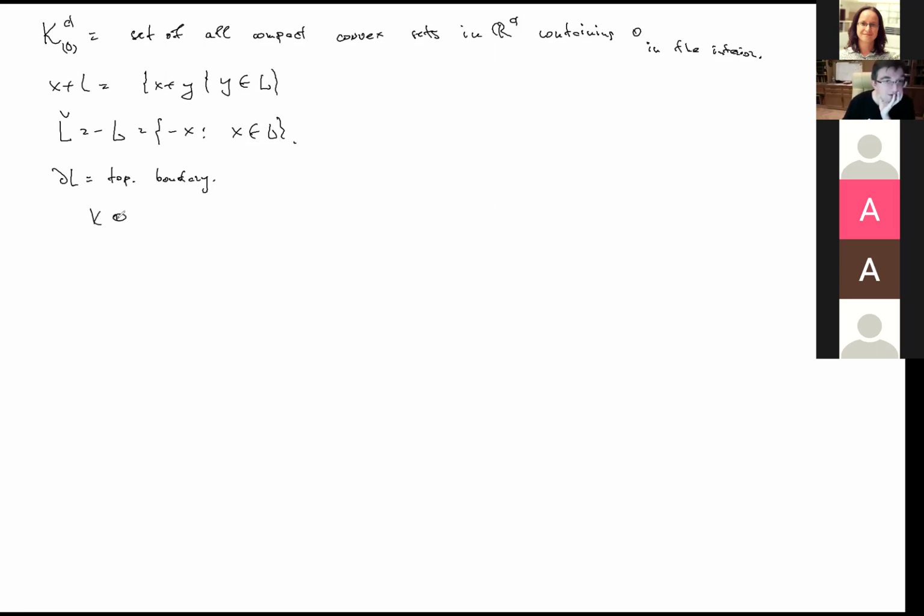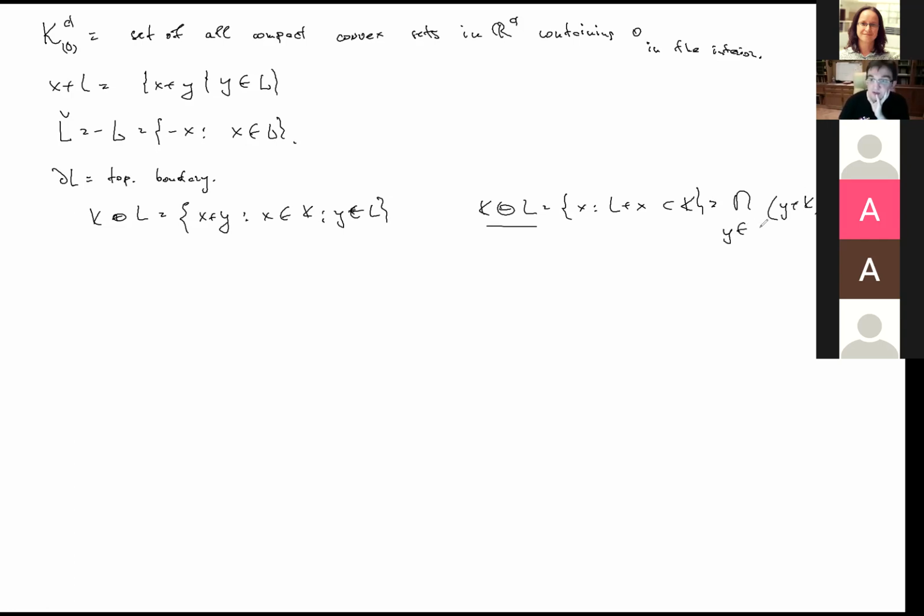And I will also use the notation K plus L. So this is the so-called Minkowski sum of two sets. And also the Minkowski difference of two sets. So these are all X such that the translate of L by X is contained in K. So this is the Minkowski difference. Or equivalently, this is the intersection of Y plus K for Y in minus L.